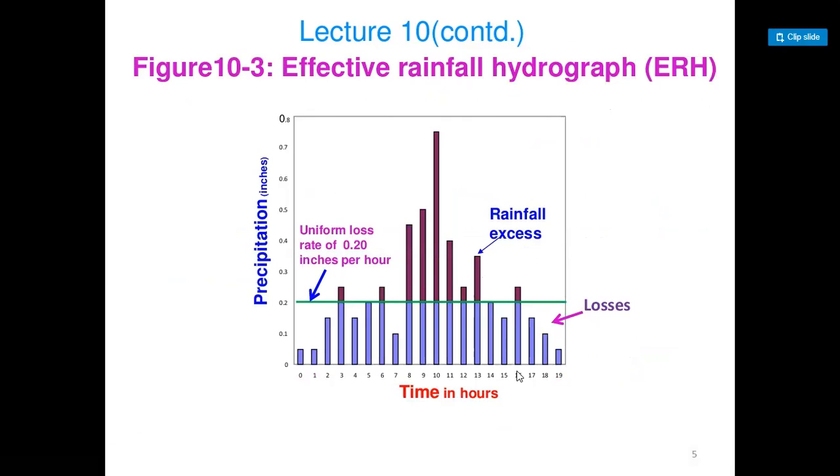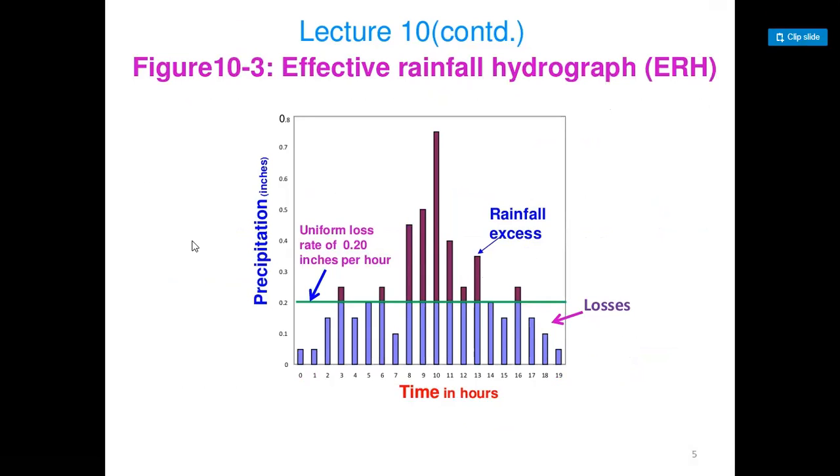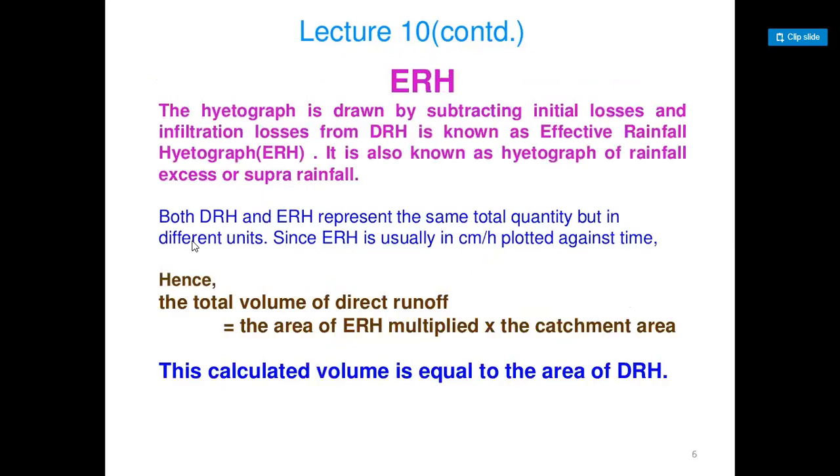Effective rainfall hydrograph: precipitation in inches per hour is on the y-axis and time in hours is on the x-axis. Here, a uniform loss rate of 0.20 inches per hour. Here is the loss and the rainfall excess, which we can observe from this graph.